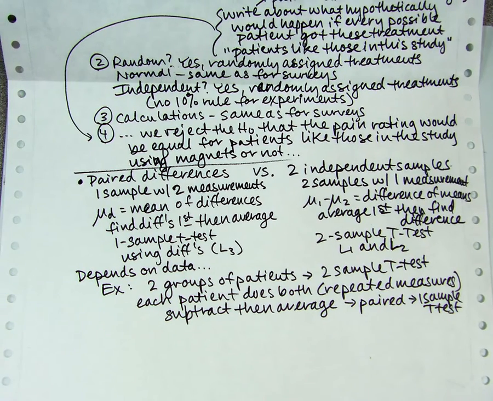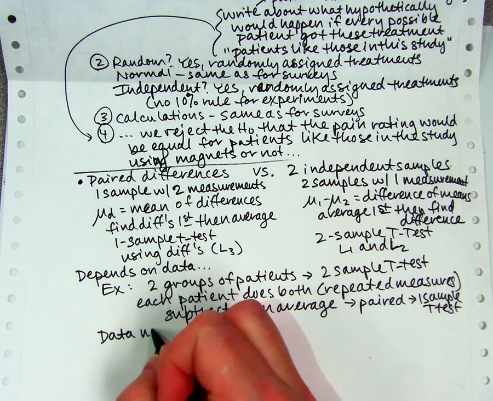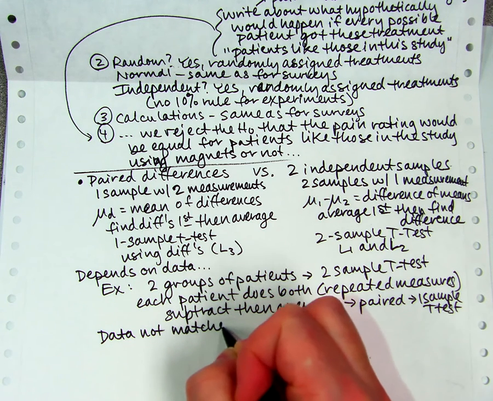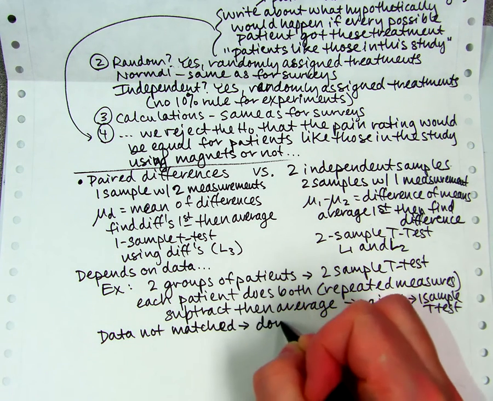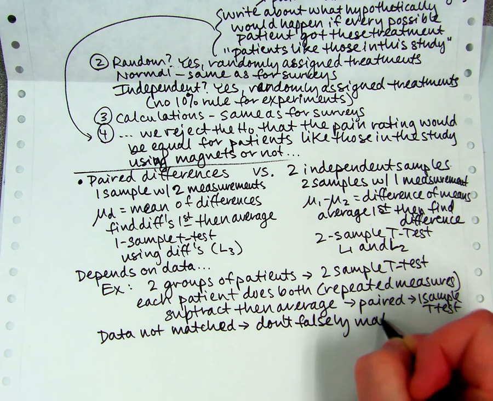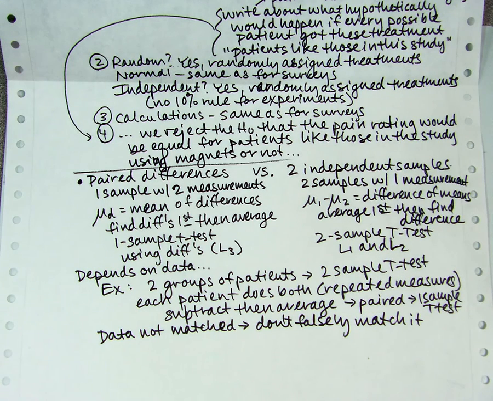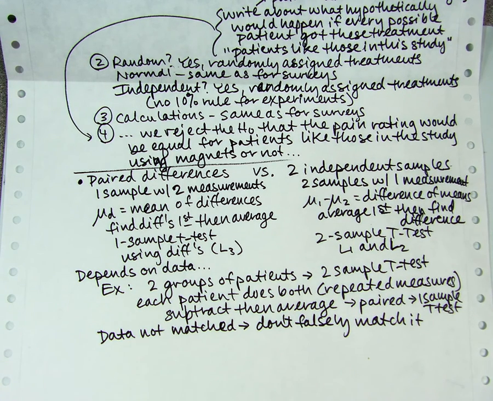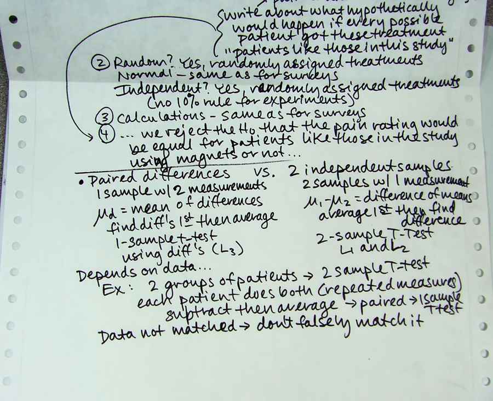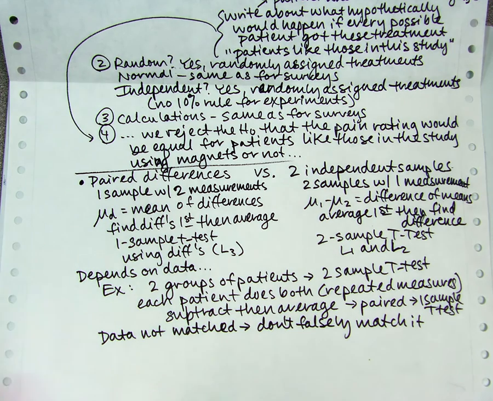If the data is not already matched, you should not match it. That gives you false data, really. For instance, there was an AP problem that I think I gave you in a warm-up sometime. If you don't remember it, I'll tell you about it now, where they had the middle schoolers and the amount of time they spent on homework in 6th grade versus 7th grade. And they asked, wouldn't it be better to just take the top person who spends the most time in this grade and the person who spends the most time in that grade and put them together as a pair?